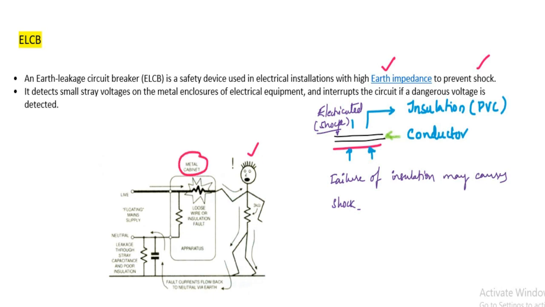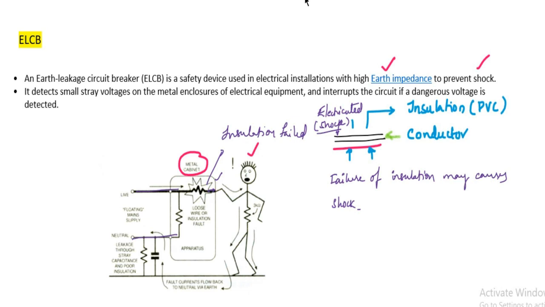Okay, now here you can observe this is a live conductor and this is the neutral conductor. Let us assume insulation has failed here. Because there is no insulation and it is a metal case, let us assume our phase wire touches this metal case.